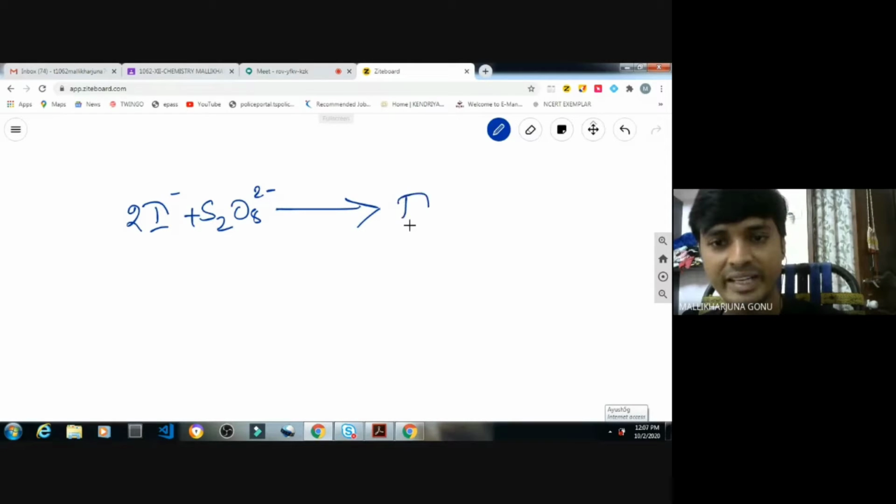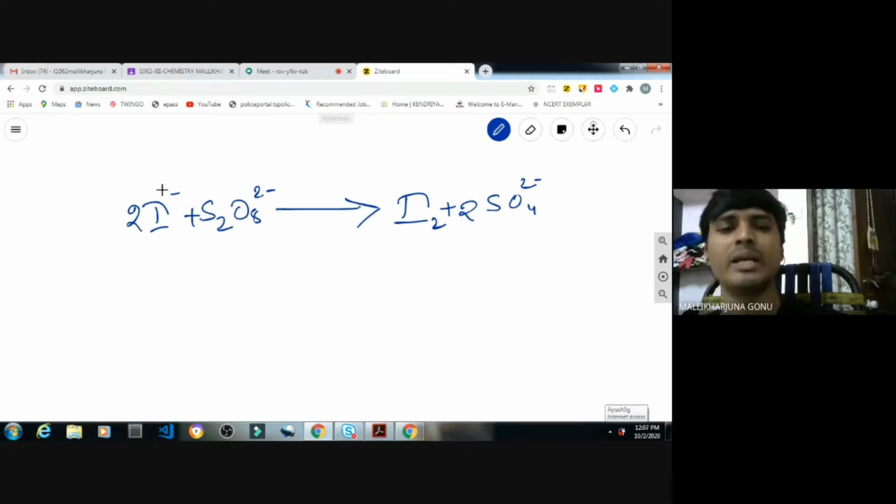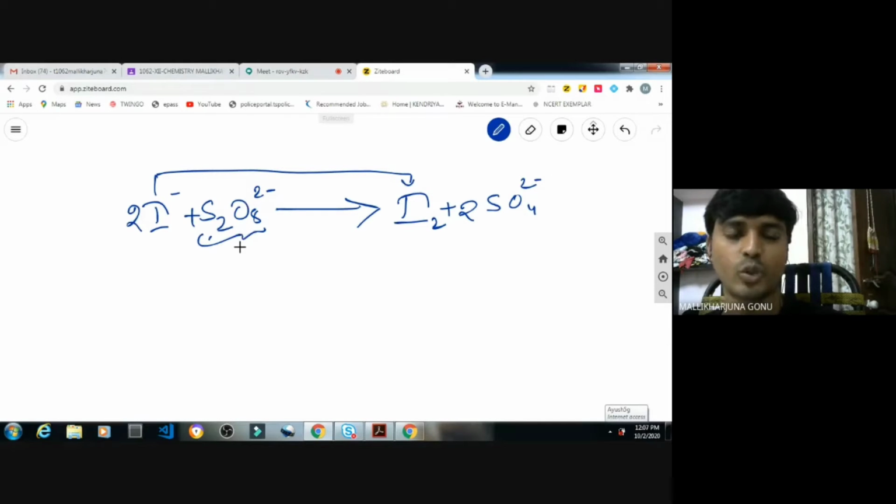Rohini, have you studied this reaction anywhere? In the P block elements, very good. In the P block elements, we have seen I minus easily gets oxidized from -1 in the presence of the persulfate, sodium persulfate, Na2S2O8.